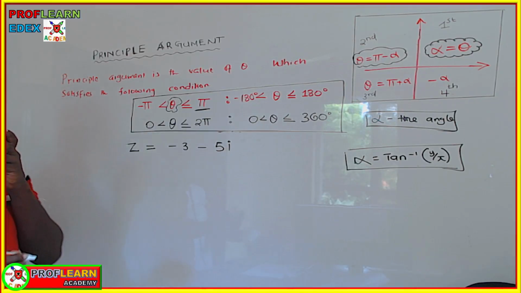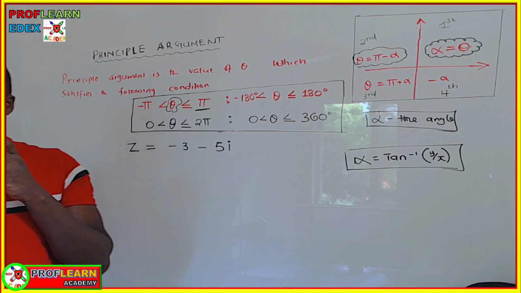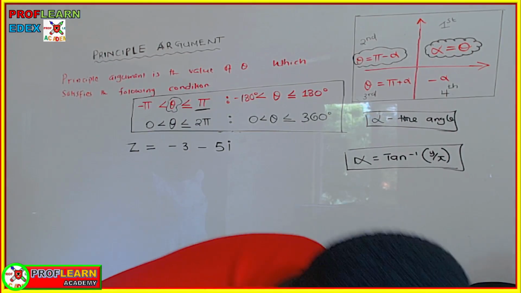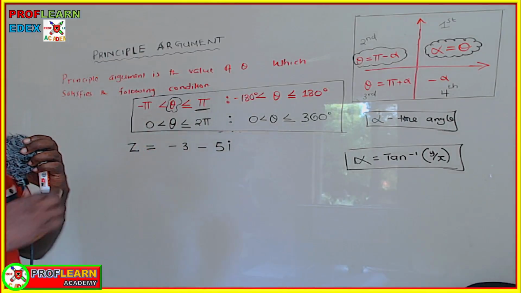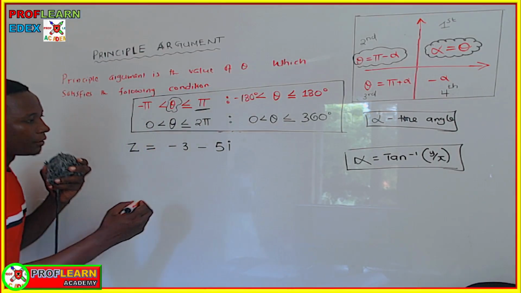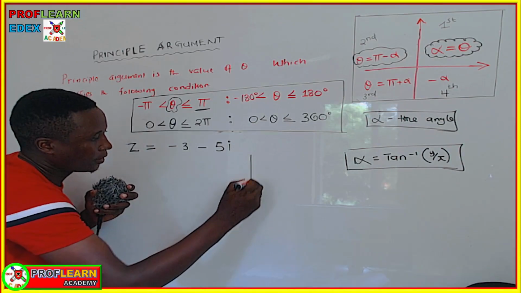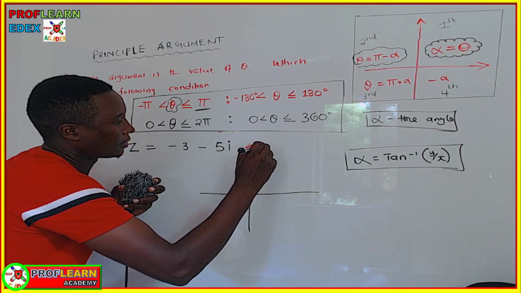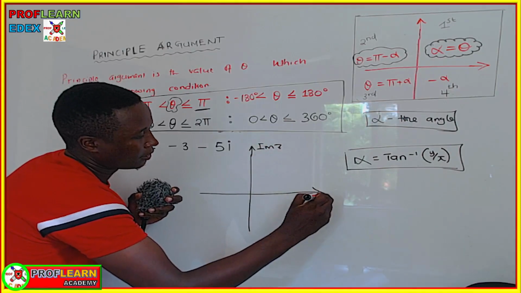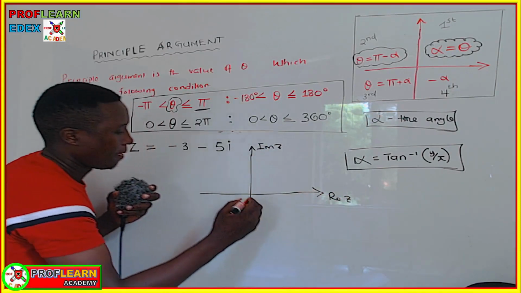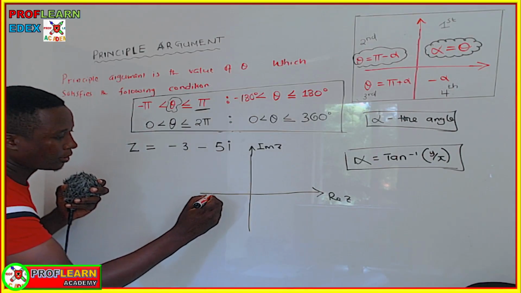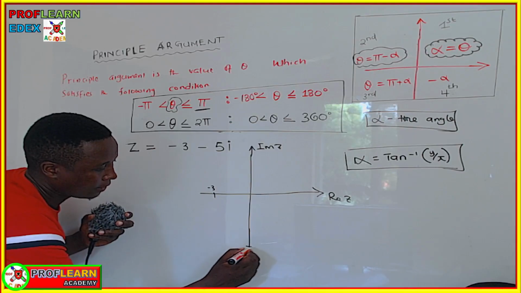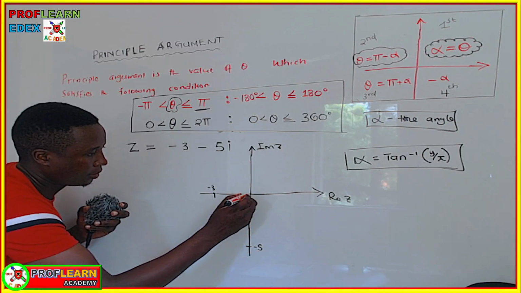This number is basically in the third quadrant. So if you put it in the Argand diagram, this is the Im(z), this is the Re(z), and then if we are plotting -3 will be here, and then -5 will be at this particular point.